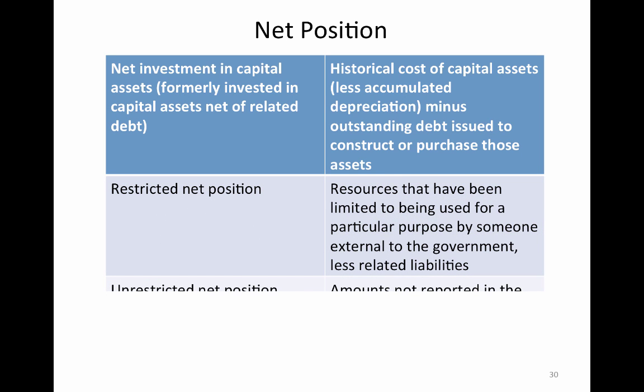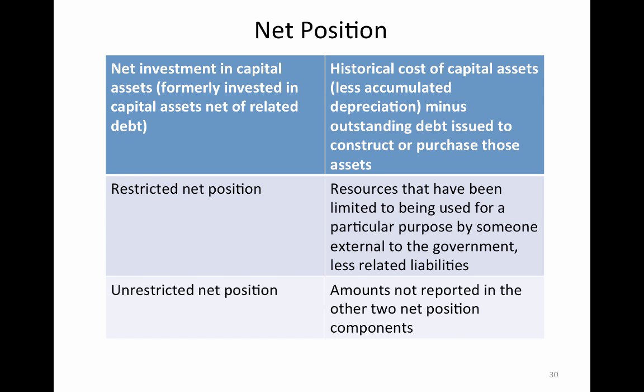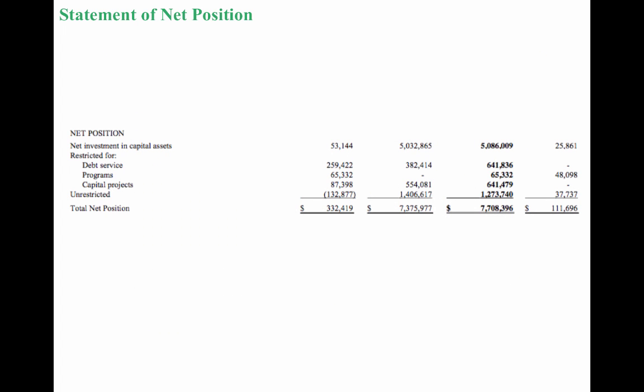Restricted net position are resources that are externally limited to being used only for a specific purpose, and then all of the remaining net position is considered unrestricted net position, which technically should be available for any purpose. And that's what a typical net position section might look like. The restrictions are required to be shown by the purpose for which the net position is restricted.